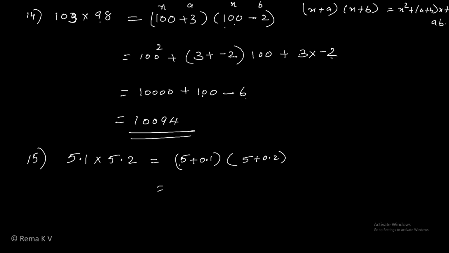So this can be written as these two, x, and this is a and this is b. So it is x square plus a plus b into x plus ab.